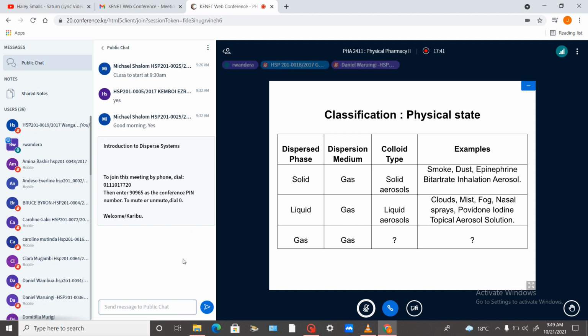Yes, Daniel Waruing. There's somebody who has logged in with his registration number. Yes, Daniel, when you have a gas dispersed in a gas. I think it would be hard, maybe physically impossible. So I think it doesn't exist.